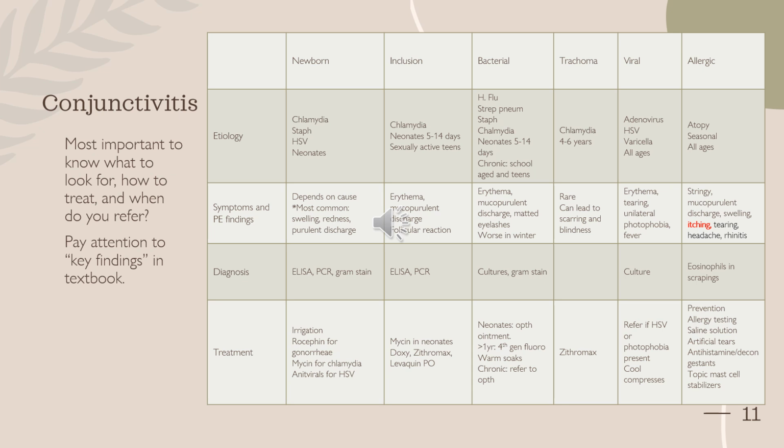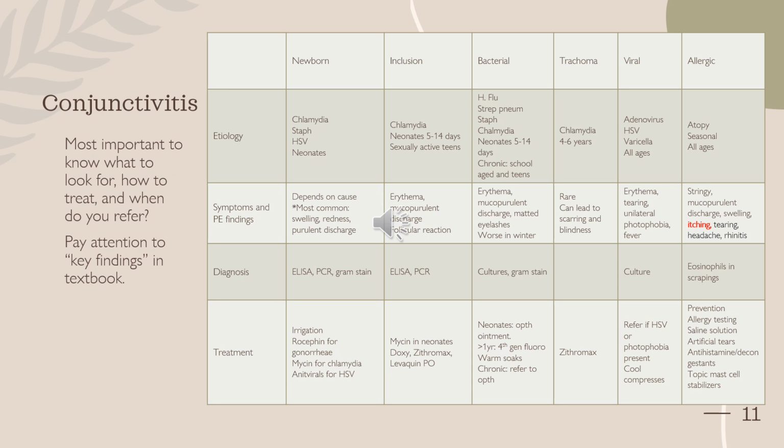And you're going to see a lot of these are the same for every type of conjunctivitis because the title tells you that redness, swelling, and inflammation is what conjunctivitis is. Pretty much all types of conjunctivitis are going to have discharge, okay? Treatment, you're going to irrigate. If it's gonorrhea, you're going to give Rocephin. You're going to use erythromycin for chlamydia and antivirals for herpes simplex.